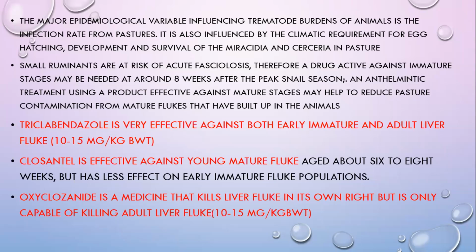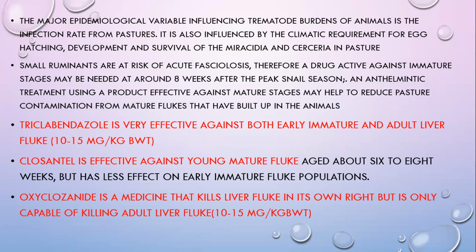So the drug that has to be given to the animal should be active against both mature and immature stages, because the immature stages of the parasites are also as harmful as the mature stages. Now for liver fluke, triclabendazole is proven to have an effect on both the mature and immature stages of the parasite.